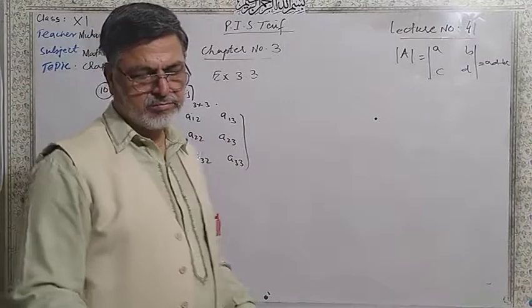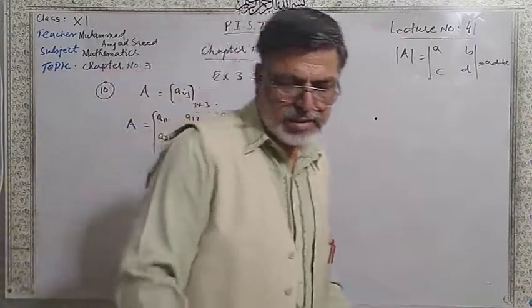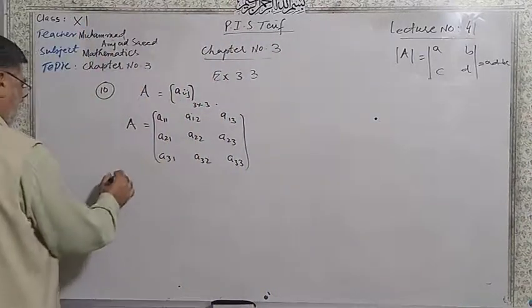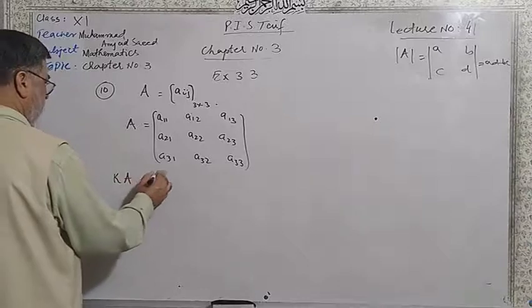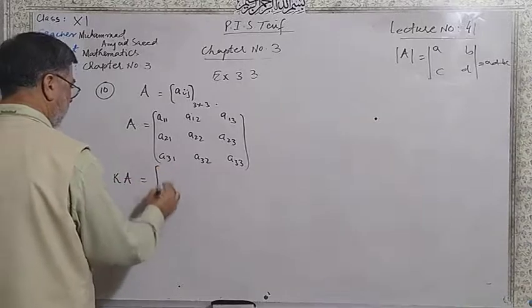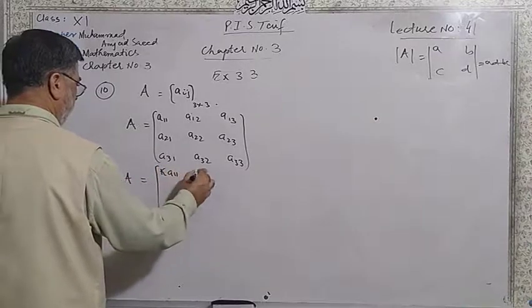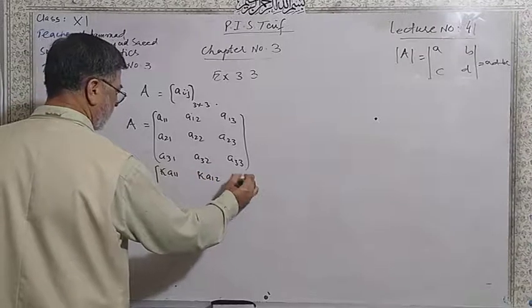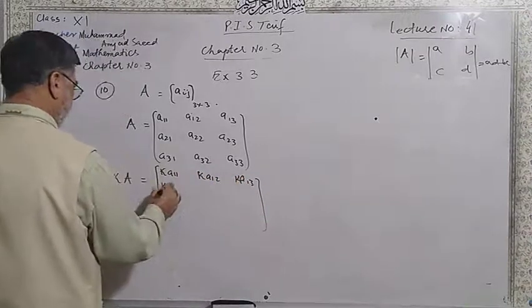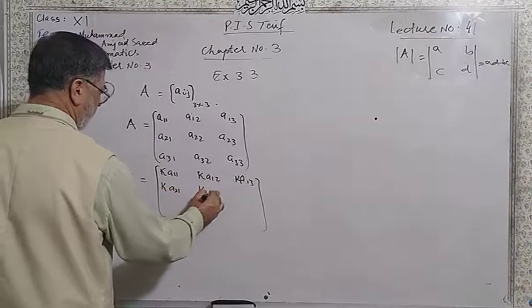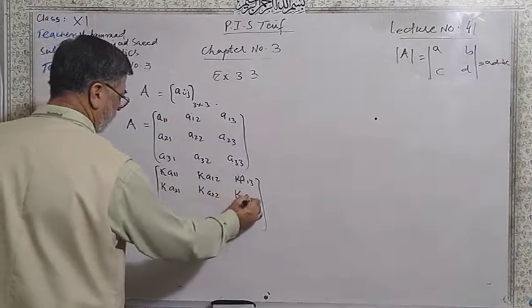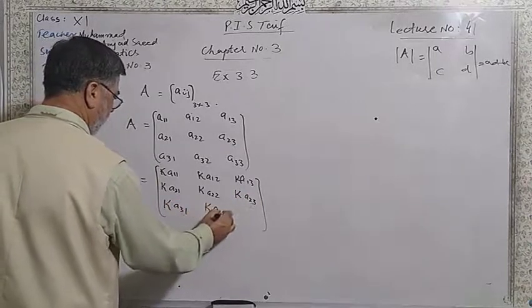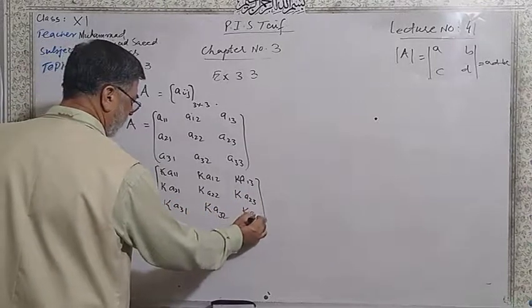After that, multiply by k on both sides: Ka11, Ka12, Ka13, then Ka21, Ka22, Ka23, Ka31, Ka32 and Ka33.